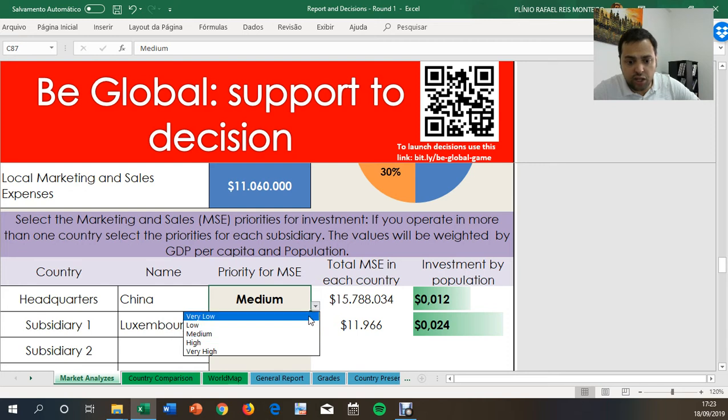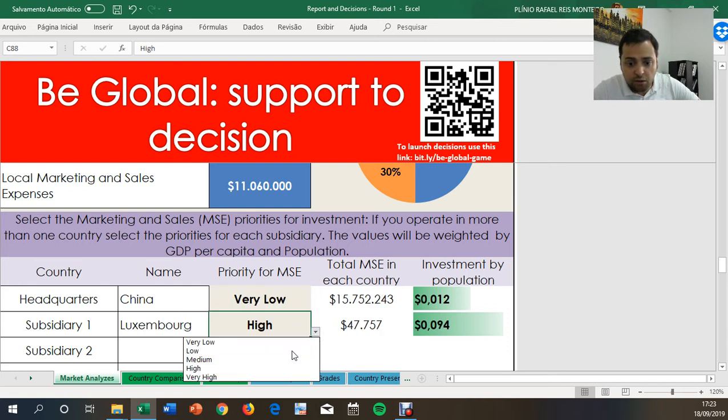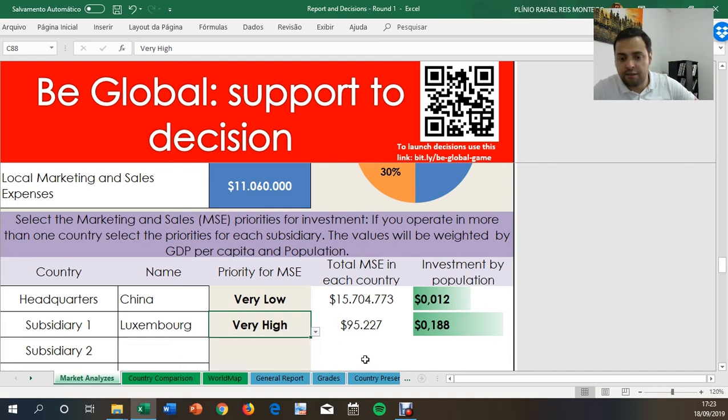And if you change the levels here, for instance from very low to very high, you'll see that the investment by population will change a lot. For instance, as you can see here, in Luxembourg now you're investing almost 20 cents of dollar per citizen, and in China, you're investing just 1.2.